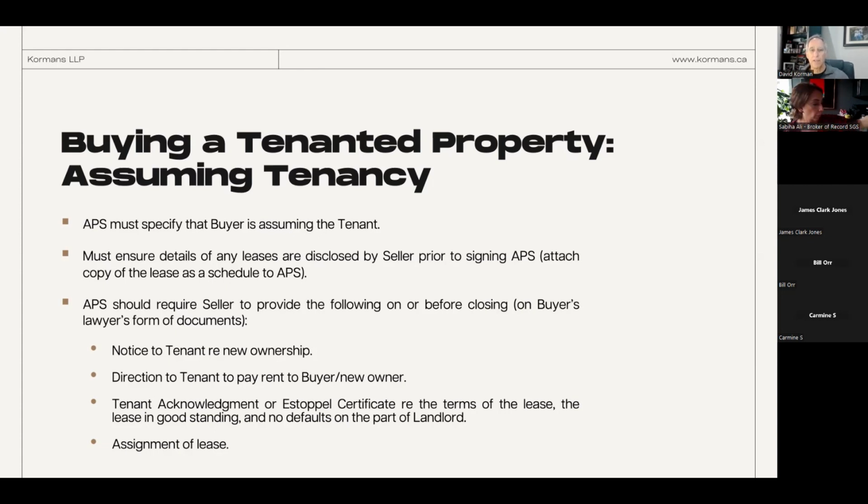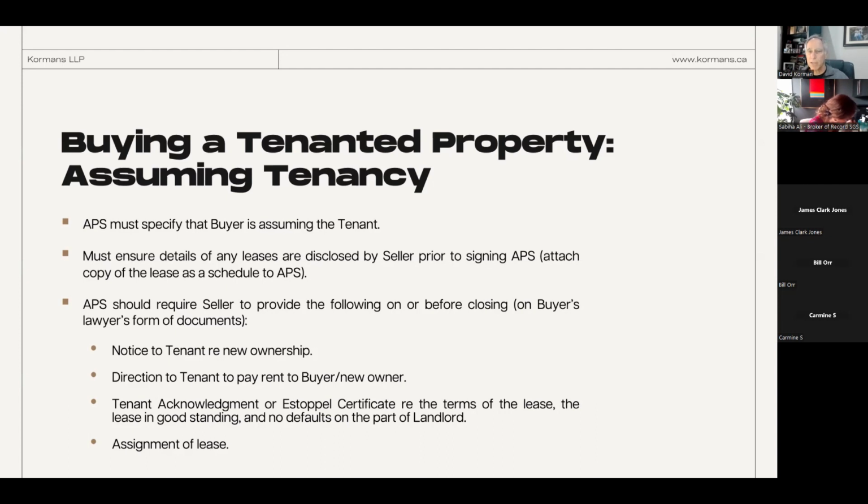Number one, I mentioned right at the beginning that you should always be keeping the tenant in the loop to some extent. As soon as it closes, you have to provide the tenant with notice that there's been a change of ownership and a direction to them to make all future payments to that new owner. So the buyer is going to want that notice to the tenant, and they're going to want a direction to the tenant to make the payments to them as the new buyer.